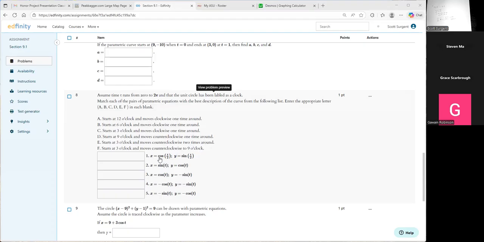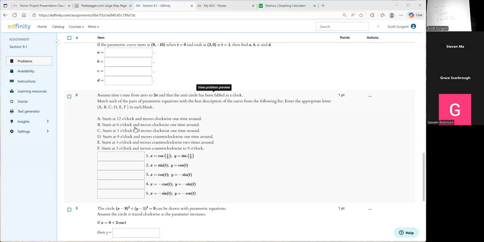Whenever x is cosine and y is sine, you always get a counterclockwise traversal, and it'll always start on the positive x-axis, so 3 o'clock. Whenever you set x is sine and y is cosine, you always get a clockwise traversal, and you always start at 12 o'clock, which would be the positive y-axis. So number 2 should be A.